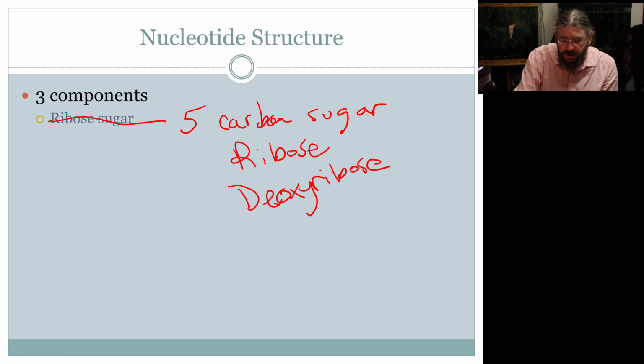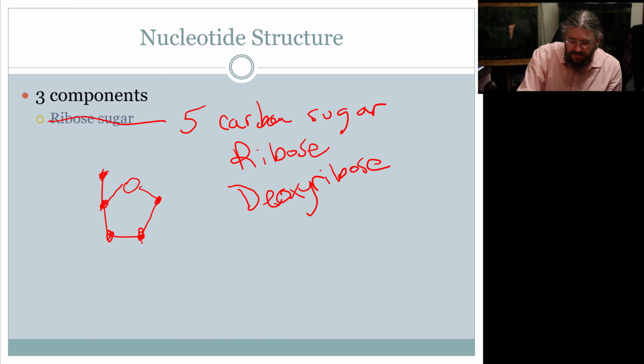If you look at ribose as a chemical, we've got our 1, 2, 3, 4, 5 carbons. And then we've got a bunch of OHs and Hs on it. There we go.